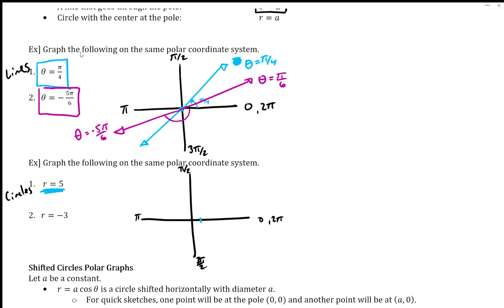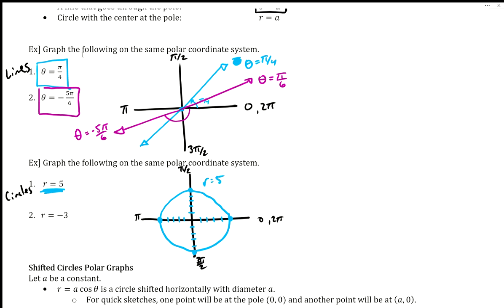So 1, 2, 3, 4, 5, and then we'll plot it down. Let's go each way. 1, 2, 3, 4, 5. Hopefully they're equidistant. And then we'll just try our best to draw the circle. How's this looking? A little lumpy. Not the worst. The first quadrant got a little weird. But that's it. There's our r equals 5 in the blue.